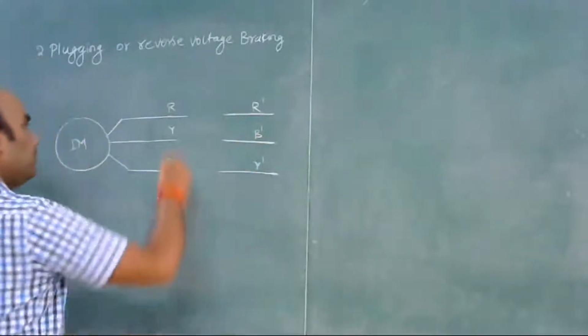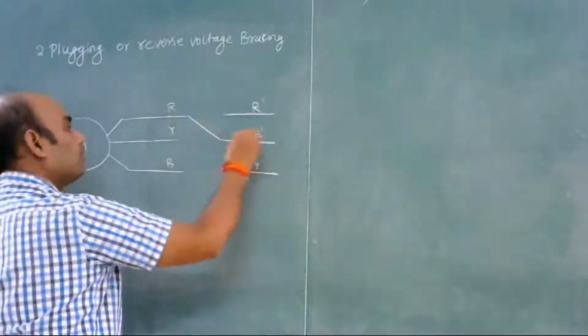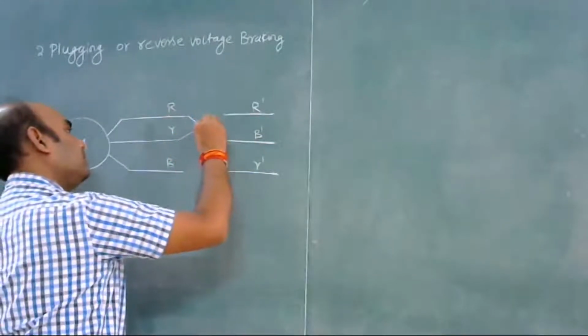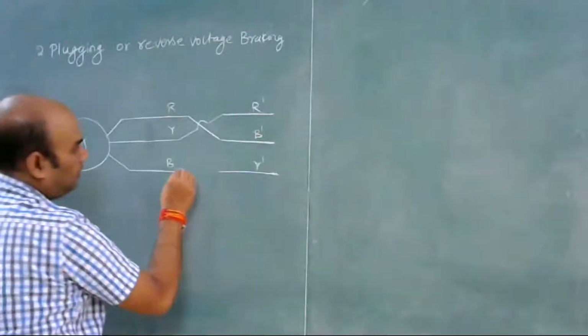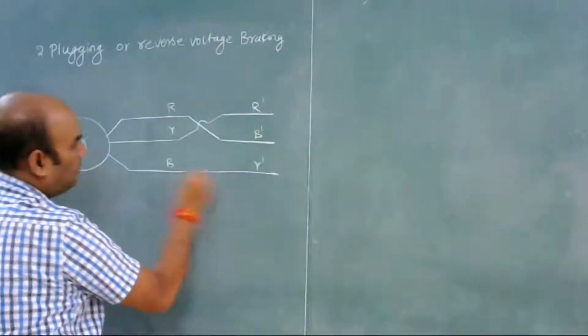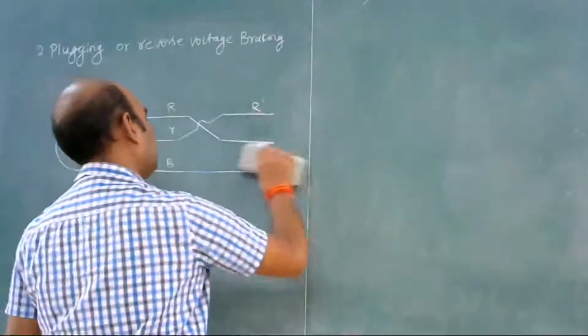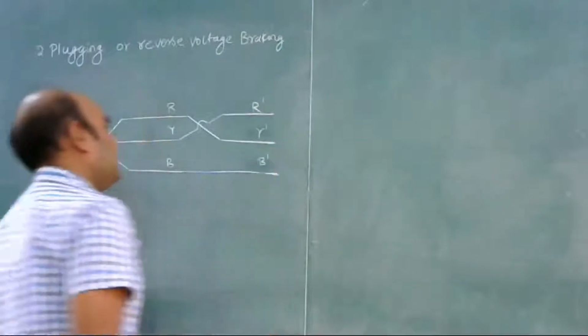We connect R to B dash and Y to R dash, and this is B dash.